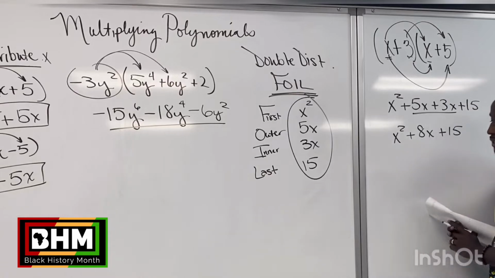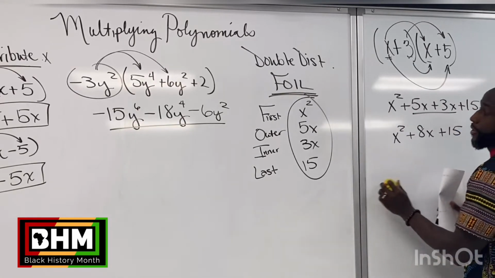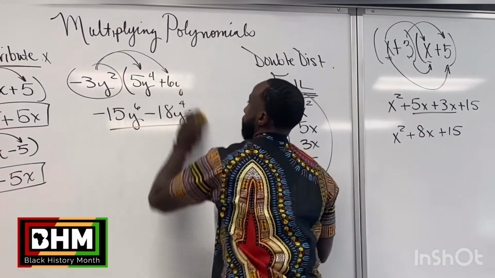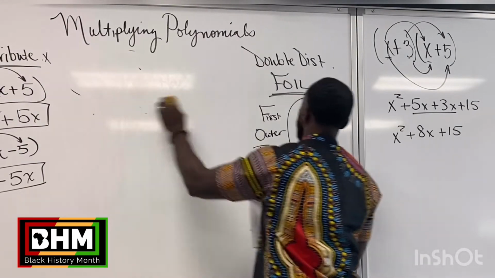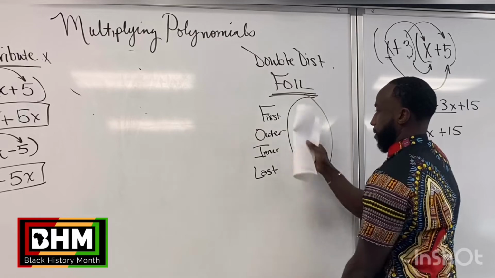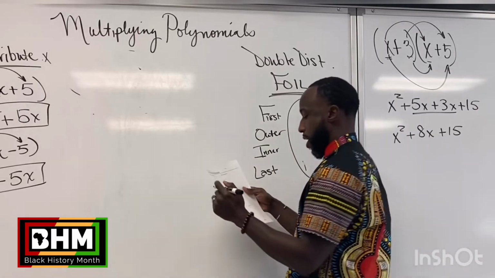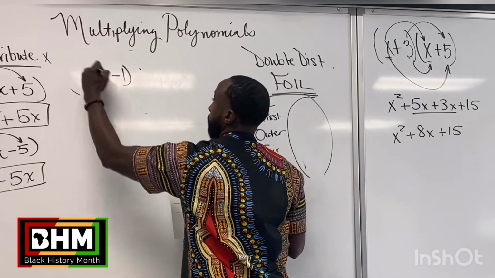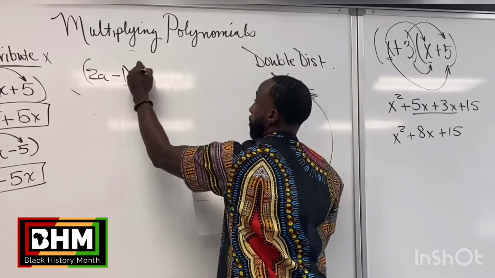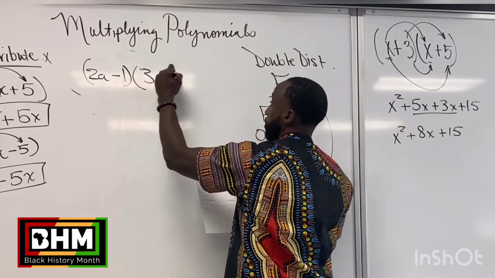Let's look at another problem, another double distribute. The problem says the quantity 2a minus 1 times the quantity 3a plus 2.